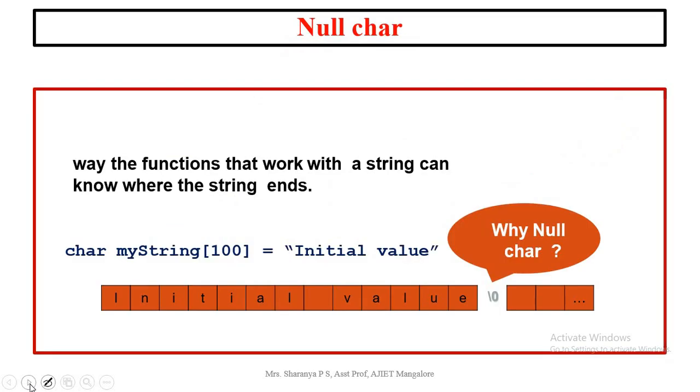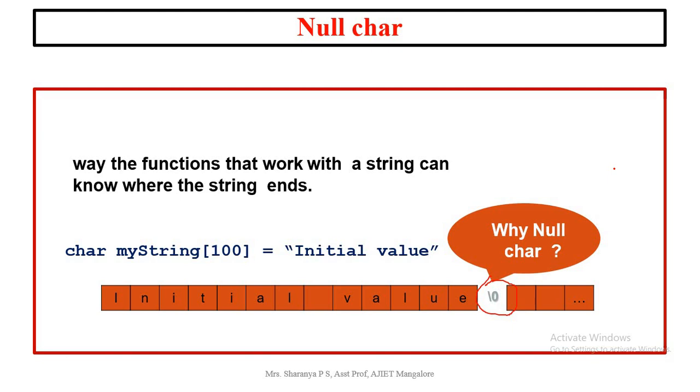Why the null character? What is its importance? Here we have defined one string with an initial value. By specifying this \0, we are able to process the end of the string in programs.